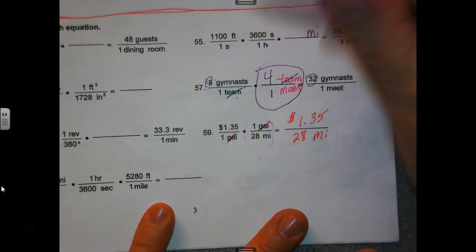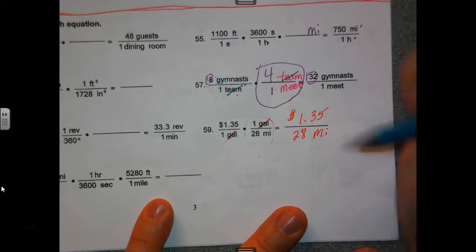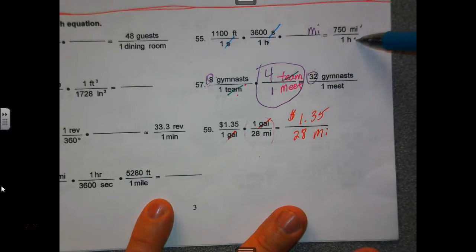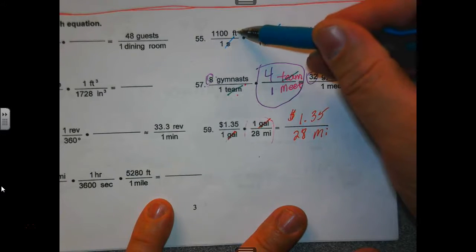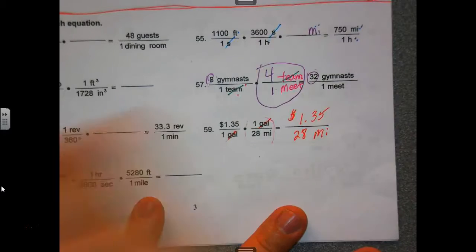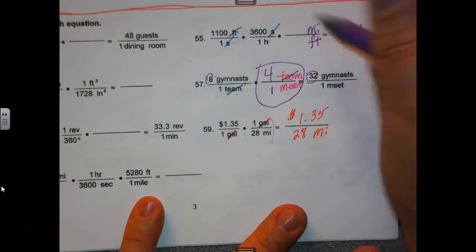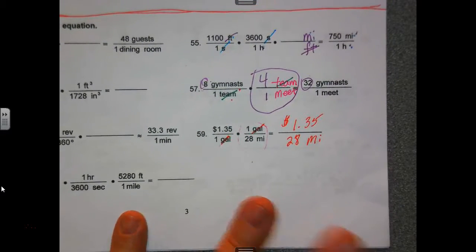See, my seconds are going to cancel. My hours bring over. I got my miles up here, which means I have to cancel out feet. So my feet are going to be in the denominator, so they cancel out. And it has to equal 1.